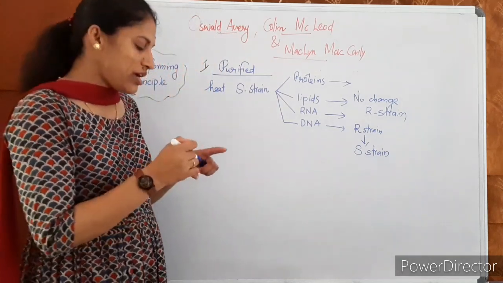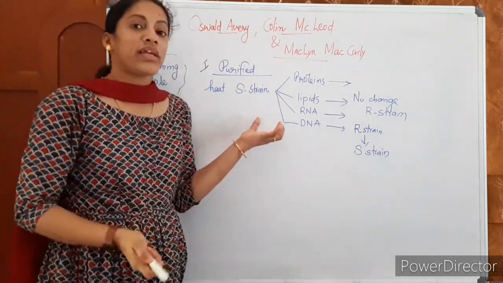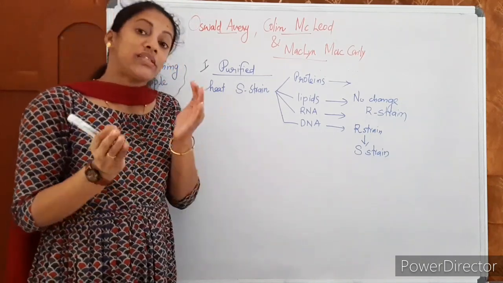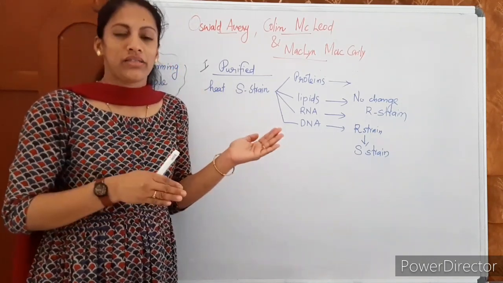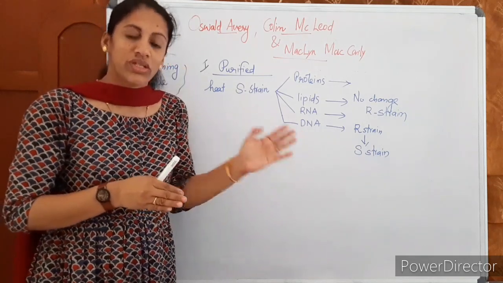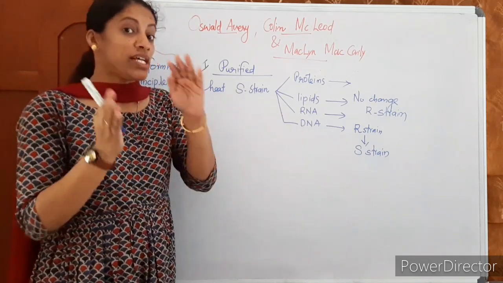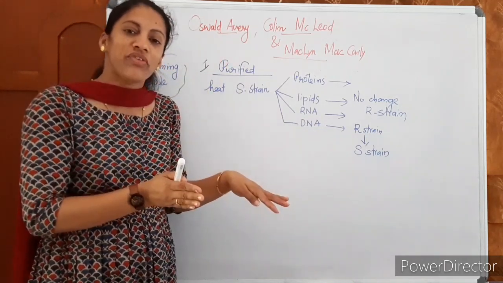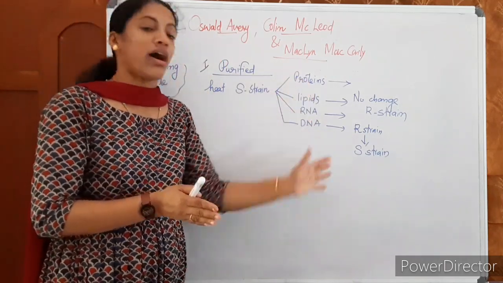So what happened? When they purified the biochemicals and separately injected biochemicals from S strain, not into mice, separately into R strain, there was no transformation of R strain for lipid, protein, RNA.